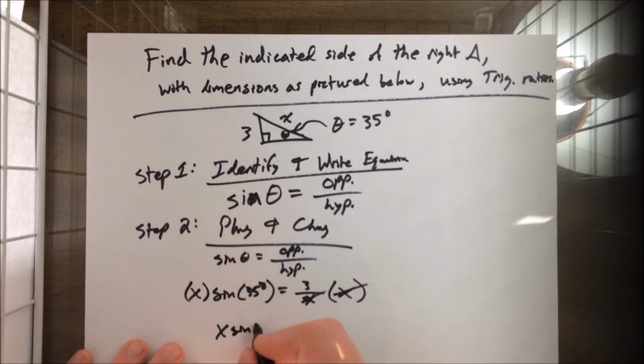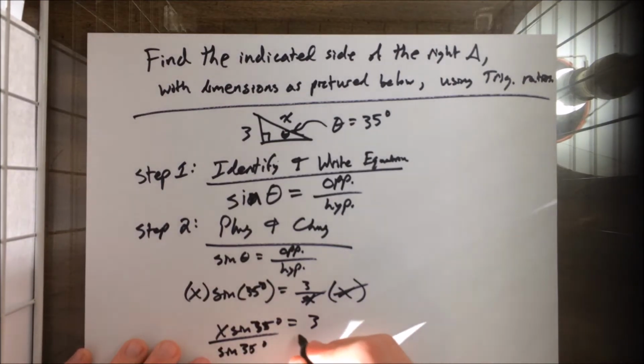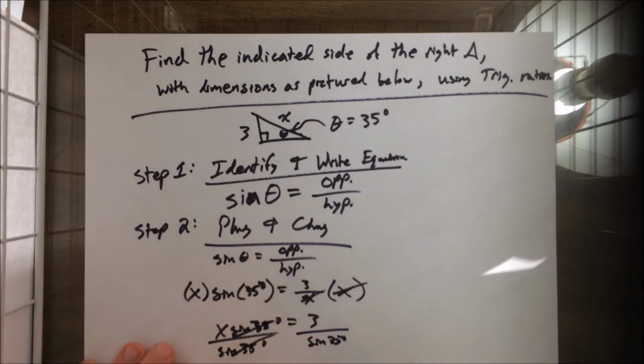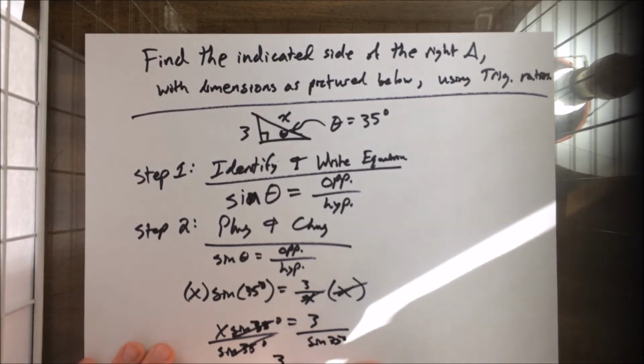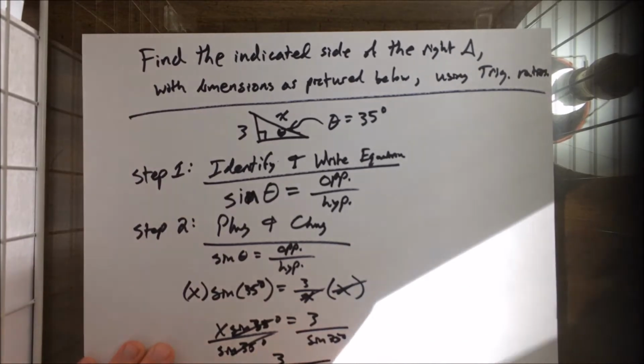So x sine 35 degrees equals 3. So now let's divide both sides by the sine of 35 degrees. And doing that, we get x equals 3 over the sine of 35 degrees.